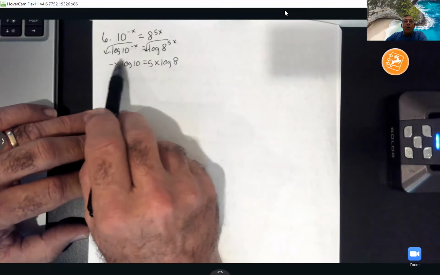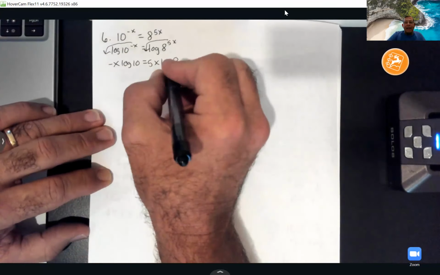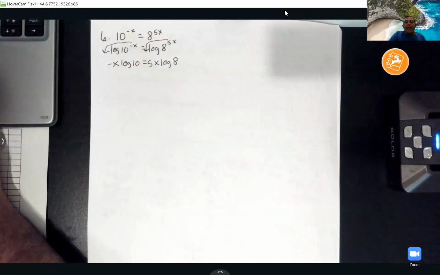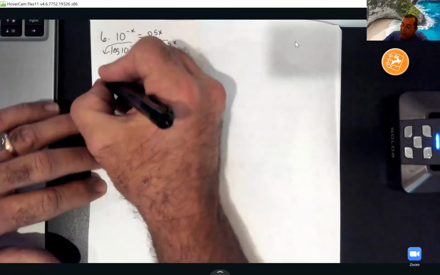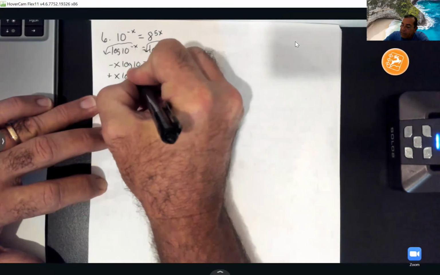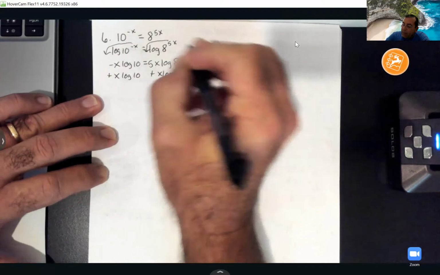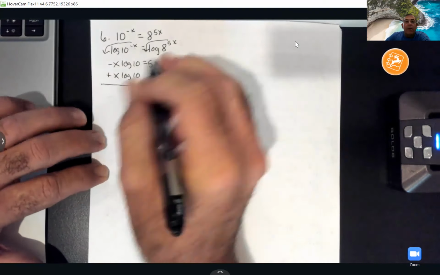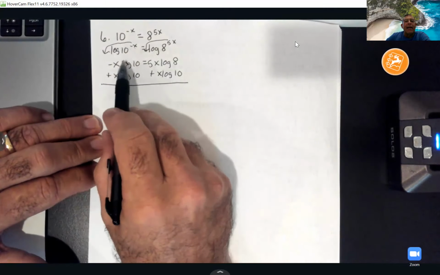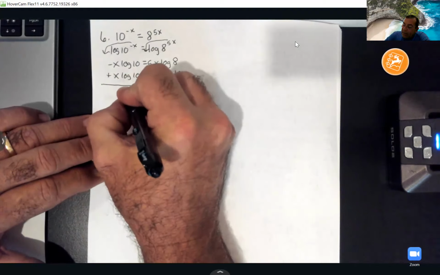So since this is one big term, to get all my x's on the same side, I'm actually going to add the x log 10 to both sides.